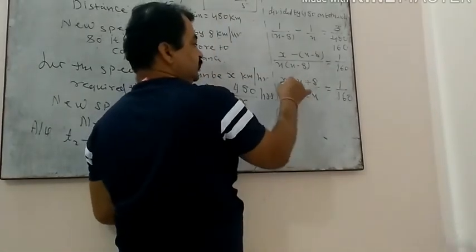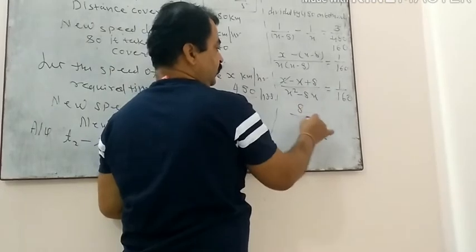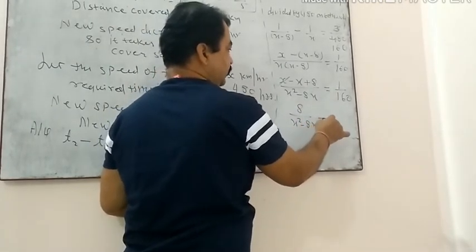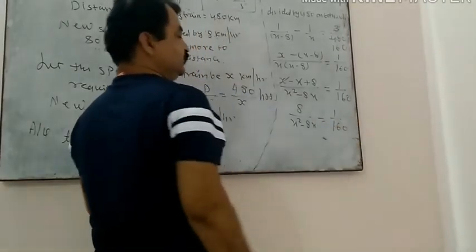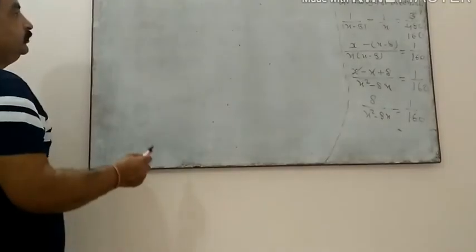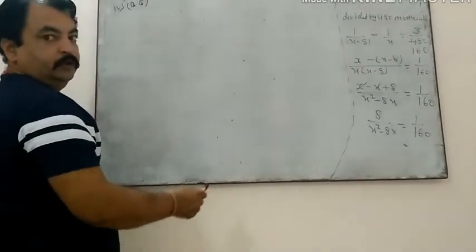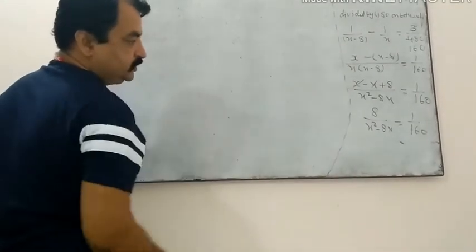See children, plus x minus x cancel. So ultimately what you get? 8 upon x square minus 8x equal to 1 upon 160. Okay children. So we got 8 upon x square minus 8x equal to 1 upon 160.